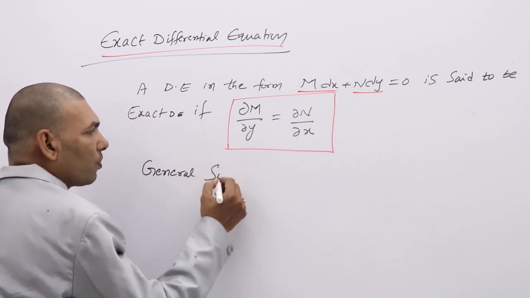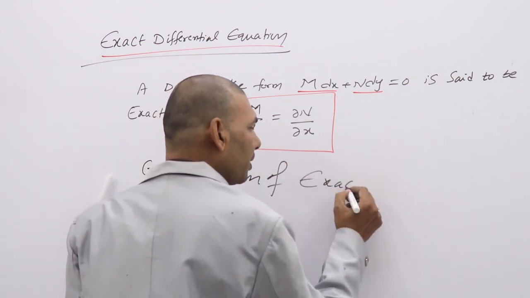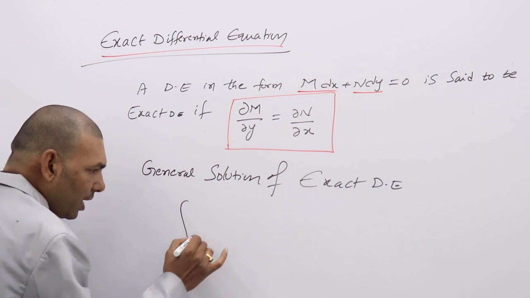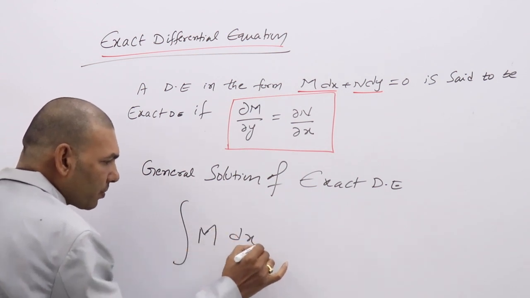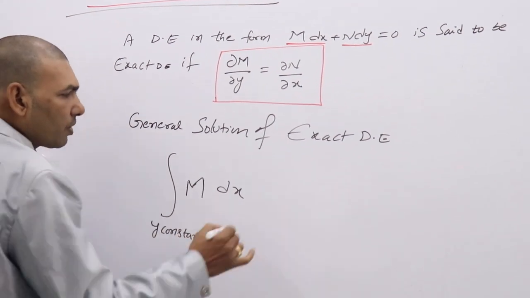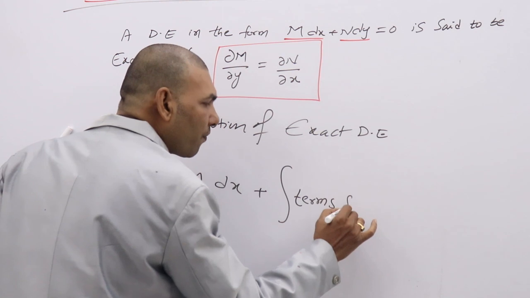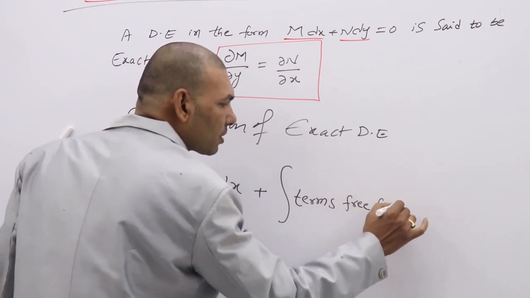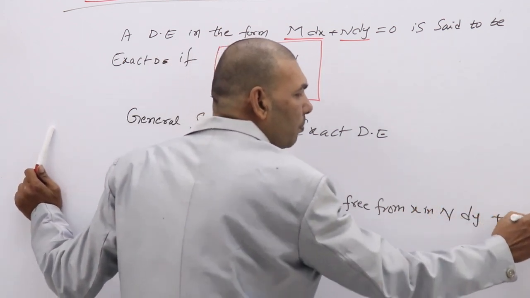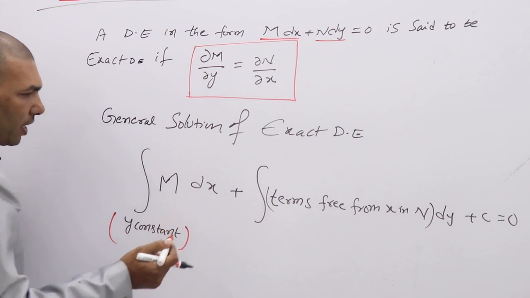The general solution of an exact differential equation is integral M dx, keeping y constant, plus integral of the terms free from x in N dy, plus c equal to 0. So here, very easy one, very most important formula.